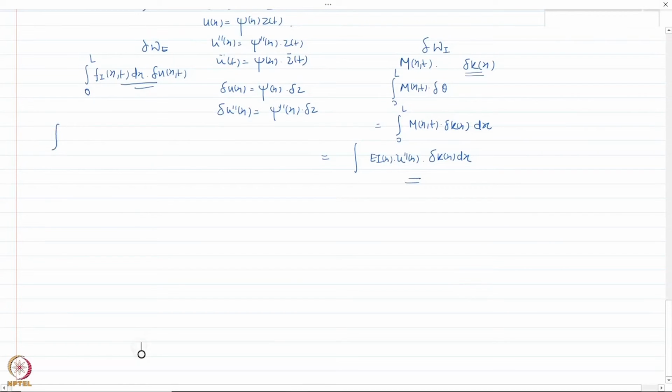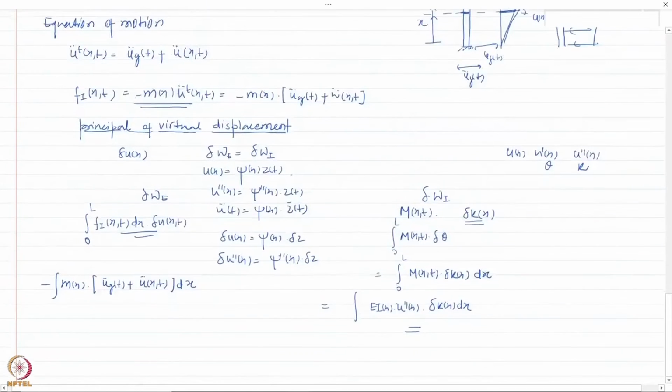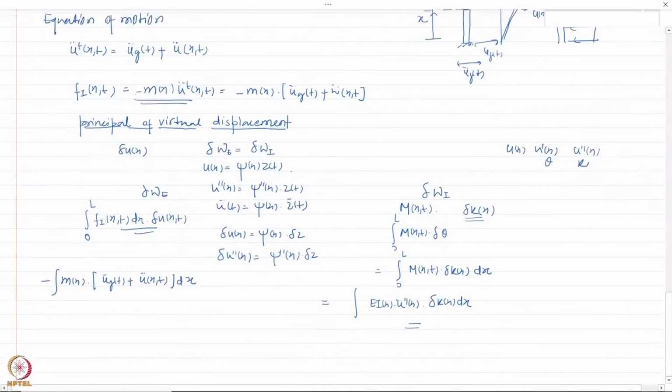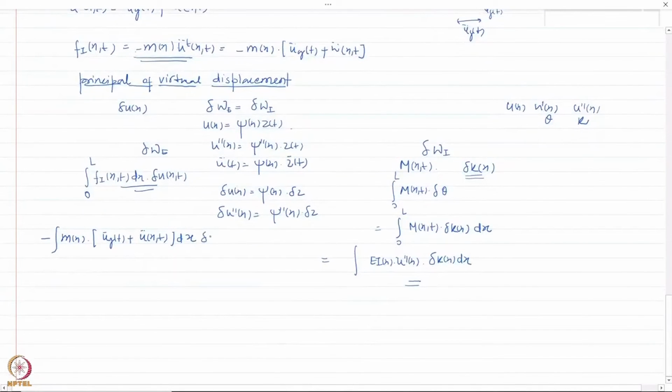So this expression is nothing but, I'll have a negative sign, m of x times u_g of t plus u of x,t double dot, times dx. This is the work done by the external force here, and of course there is this term del u of x.